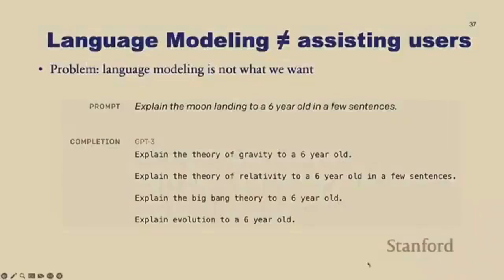For example, if you ask GPT-3, which is a purely language model, not an aligned one, a question like, explain the moon landing to a 6-year-old, the conclusion that you would get is something like, explain the theory of gravity to a 6-year-old. Because what it learned is that on the internet, if you have one question, you usually have maybe another bullet point of other similar questions. You don't usually have a question and an answer later.